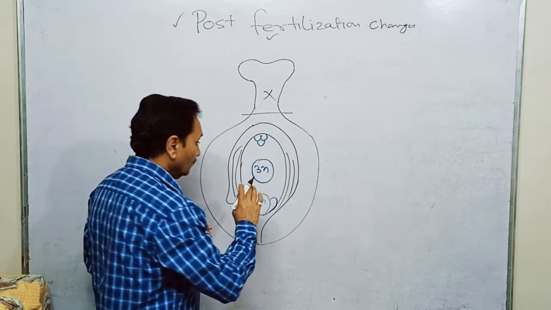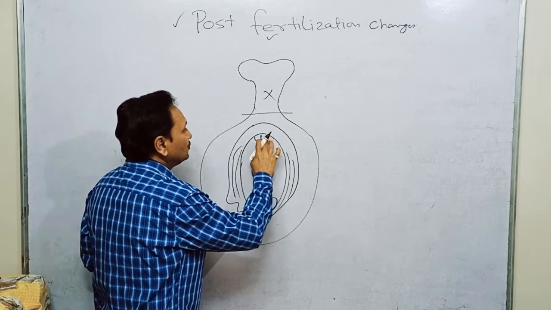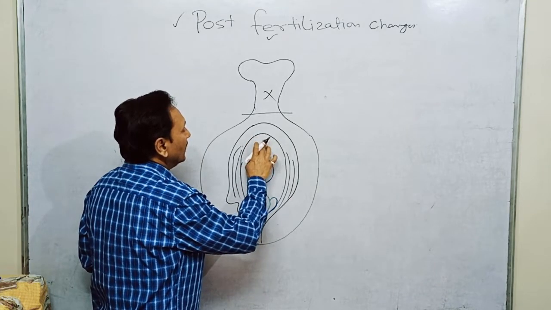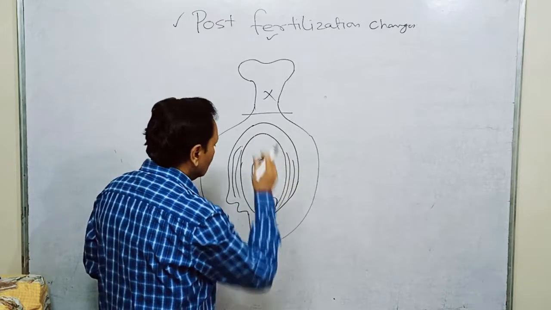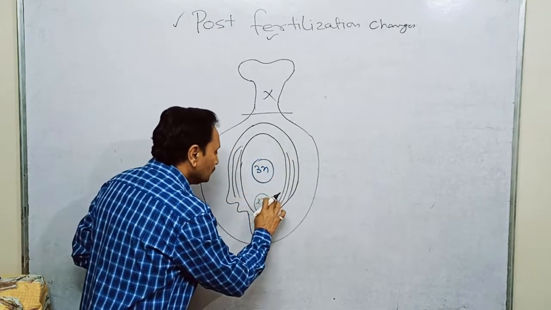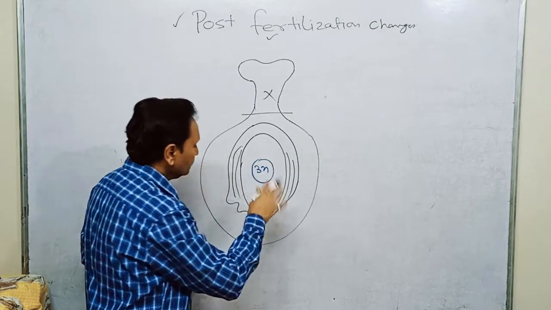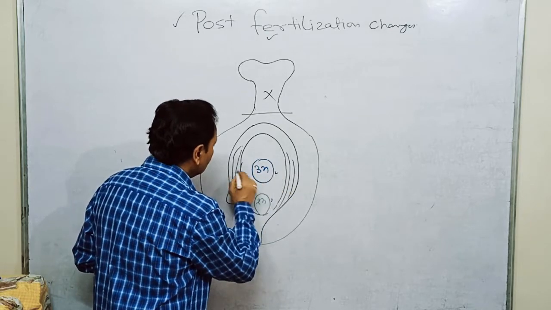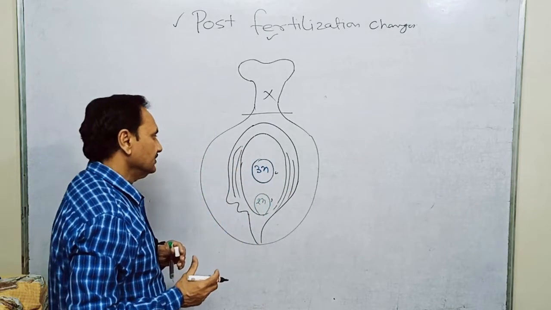First of all, these three cells become absorbed by the growing part of the nucellus. This also is absorbed and disappears. Only the 2N and 3N cells and the remaining parts are present here.